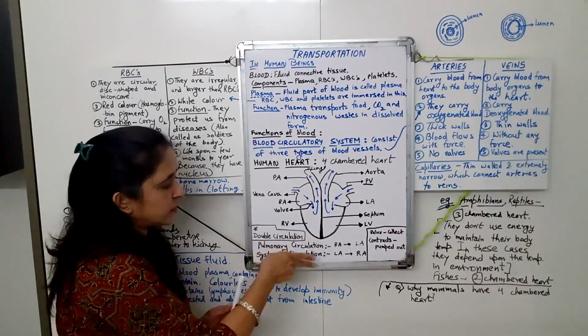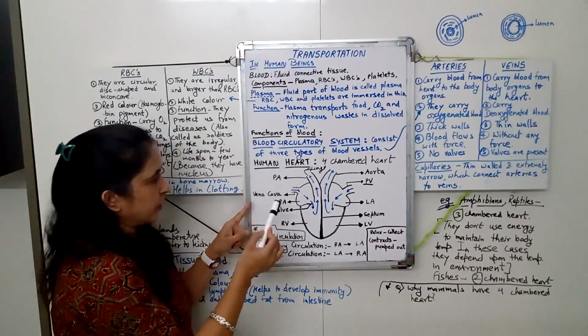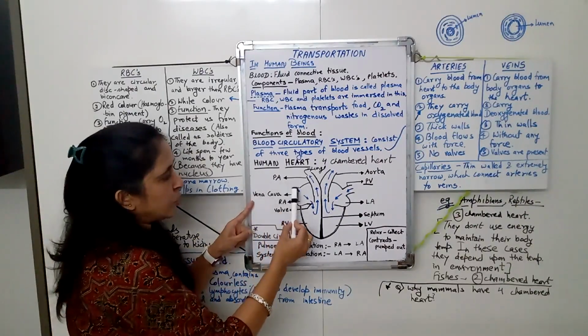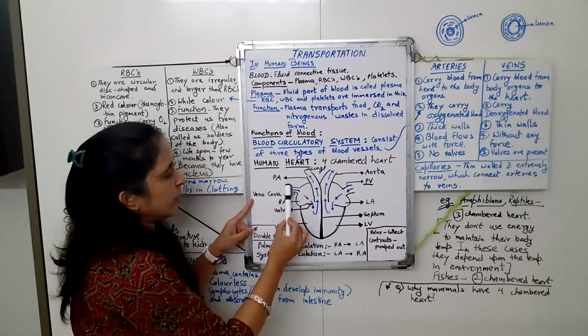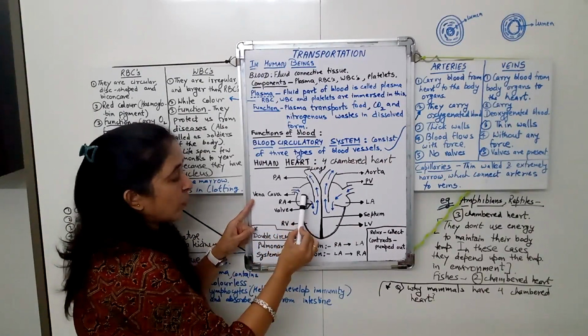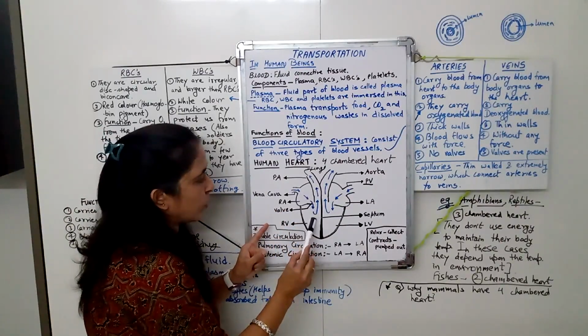This is pulmonary and systemic. So in pulmonary circulation you will write, the blood enters into the heart, into the right atrium, through the vena cava, upper and lower vena cava, that is the deoxygenated blood, and that will enter into the right ventricle.